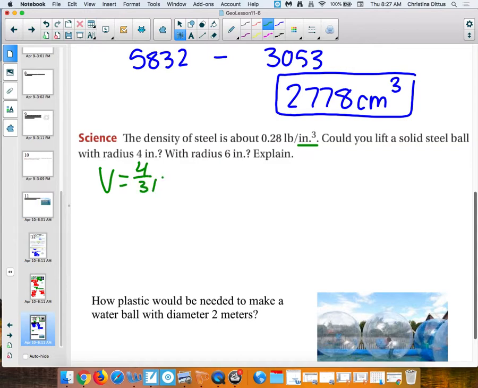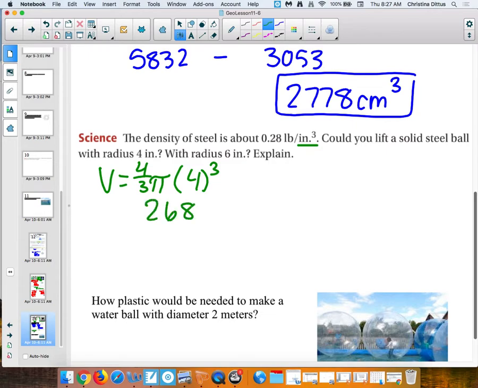So 4/3 pi. What am I using for r? 4 cubed. Multiply it all out. And then just round me to the nearest whole number. 268.